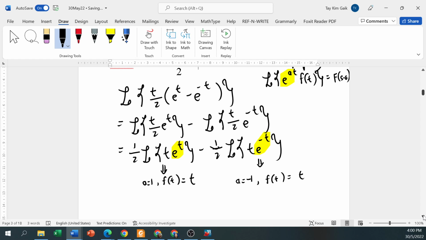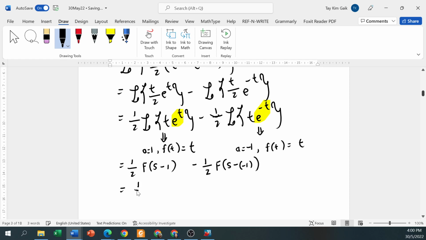Using the first shift property, the result will be half F(s minus 1). The second term is half F(s minus negative 1), because the Laplace transform of exponent at f(t) is F(s minus a). So a for the first term is 1, so F(s minus 1). For the second term, a is negative 1, so F(s minus negative 1), which is F(s plus 1).